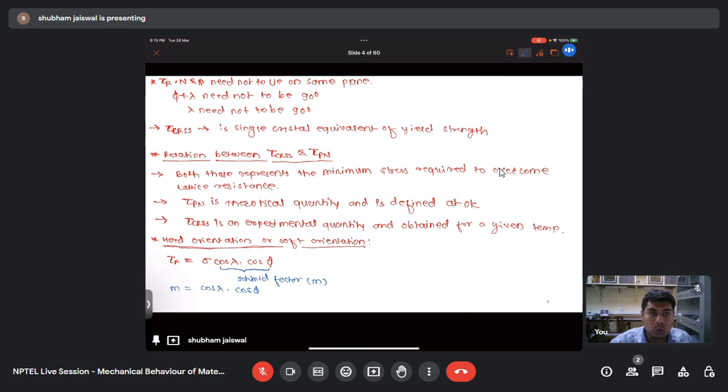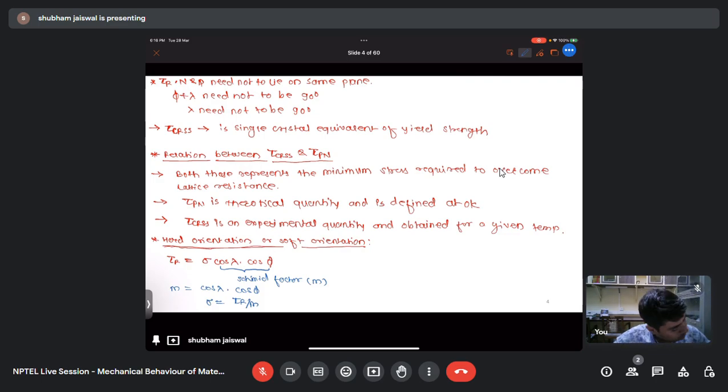If I need to move a dislocation, the minimum stress that I should apply we can get from here: sigma equal to tau r by m. Okay. If we want to lower the stress required for easy movement, our value of the Schmid factor m should be higher, and that is possible when phi and lambda are small, as these are cos lambda and cos phi, and their value will be higher when phi and lambda are smaller.